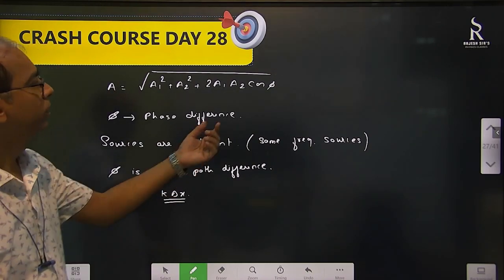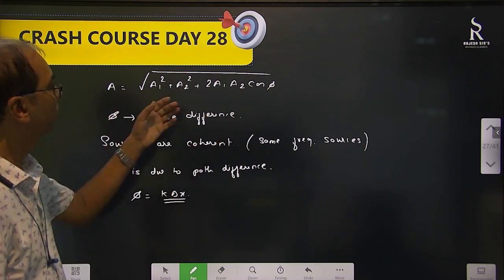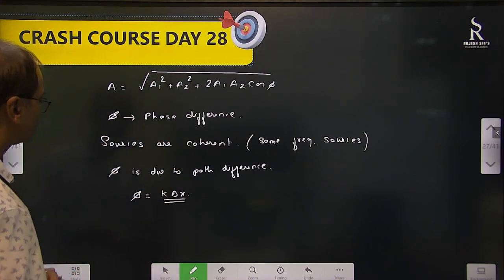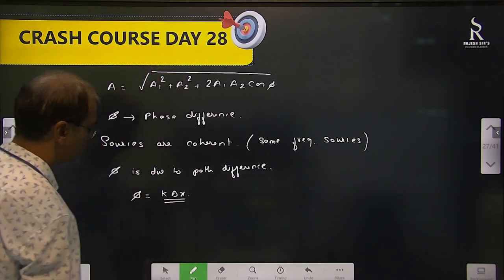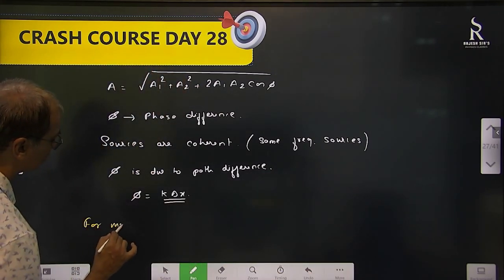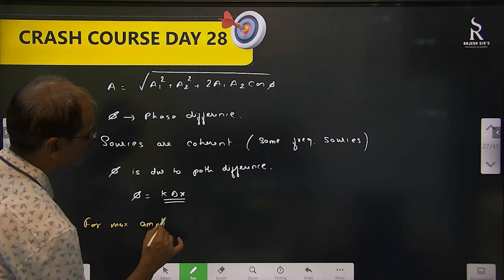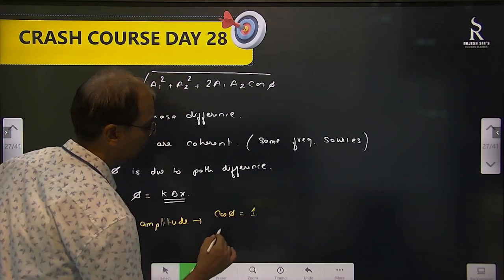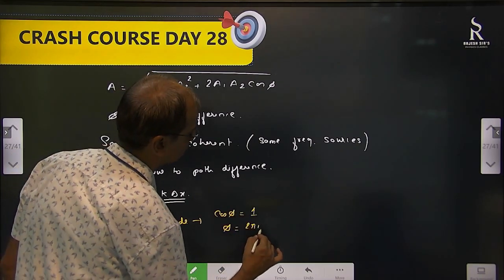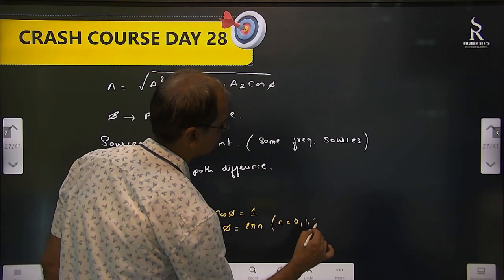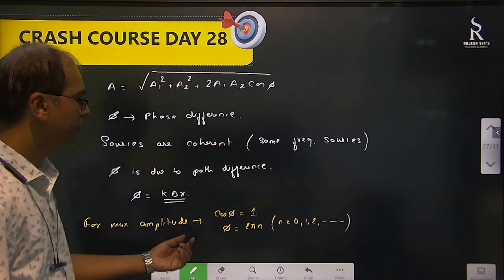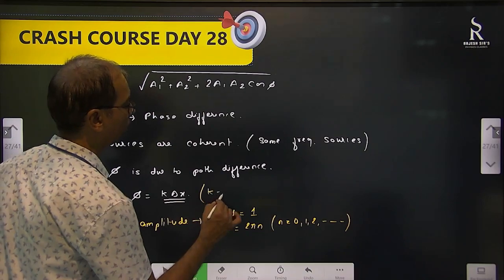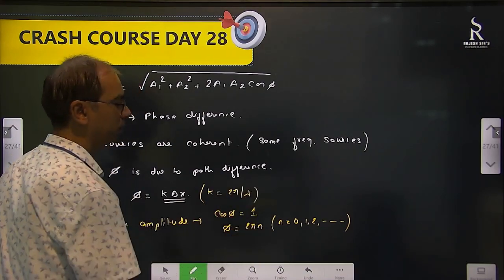Right. So now when we are going to have cos phi as maximum, or cos phi as minimum. For maximum amplitude, we can have cos phi equal to 1. That means phi equal to 2 pi n, where n is 0, 1, 2 like that. So if phi equal to 2 pi n, then what will be delta x? Now what is k? K value is 2 pi by lambda, where lambda is wavelength of wave.